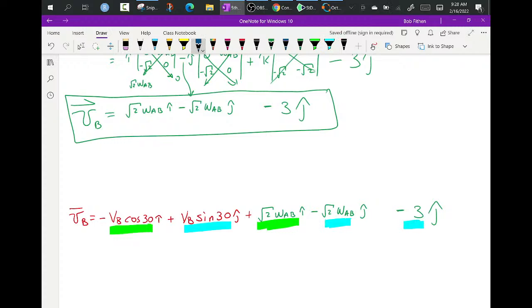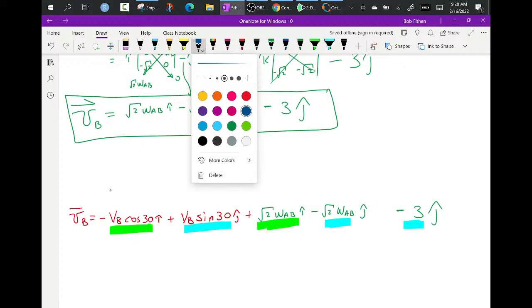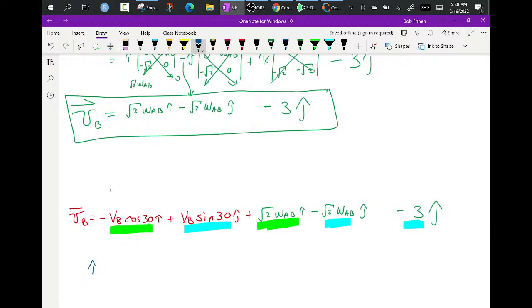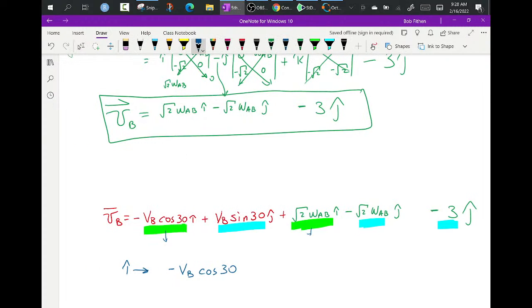And then I'm going to come down here and say, hey, I'm going to split these into the I components, and then I'm going to grab the green, easy cosine 30. Now, technically, there's supposed to be equal sign right here.